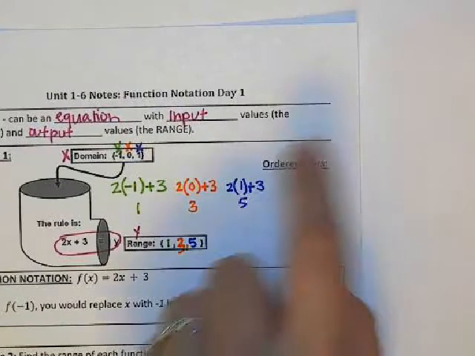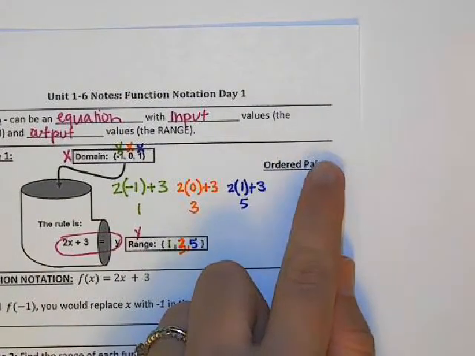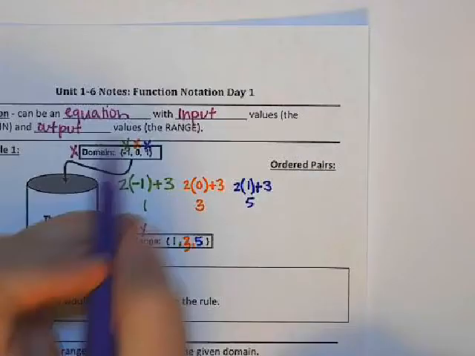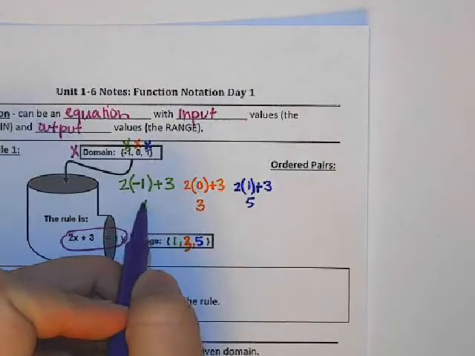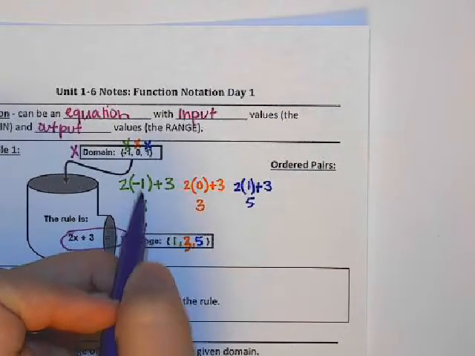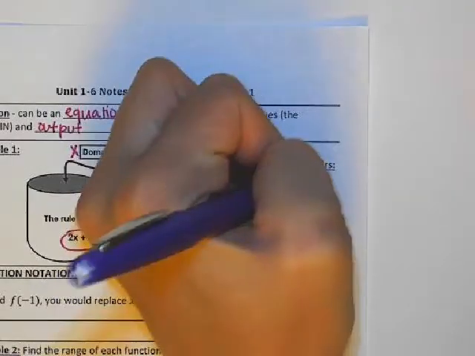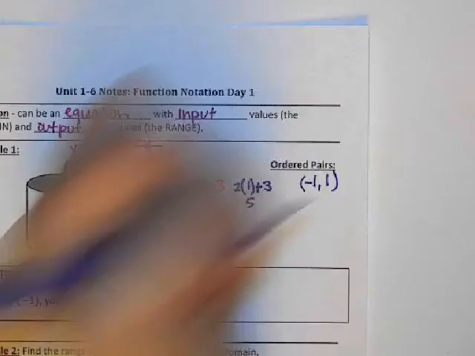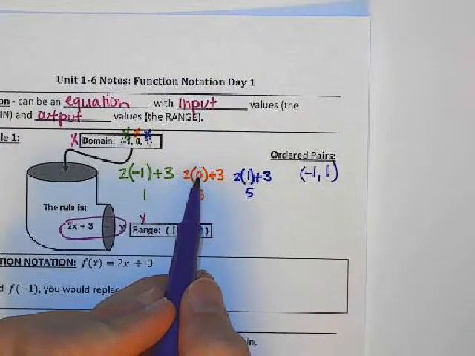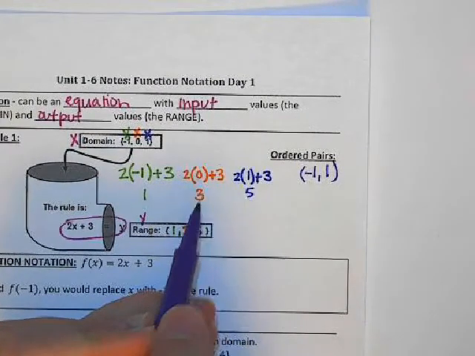Okay, notice what it says over here is my ordered pairs. So if I plugged in a -1 and I got 1 as my y, that's my x and my y. They go together. So my ordered pair would be -1, 1. Then x is 0, and when x is 0, y was 3.